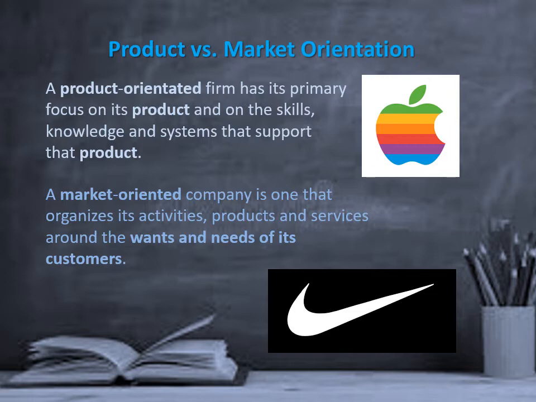There are many brands and companies that fall into this category. One of the most commonly known, and you might even be using the products, is Nike. So Nike is market oriented, whereas Apple is an example of a product oriented company.